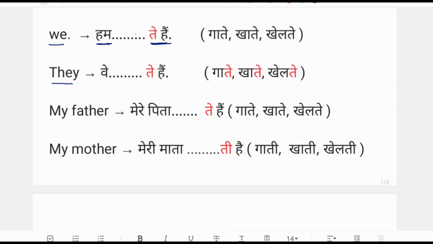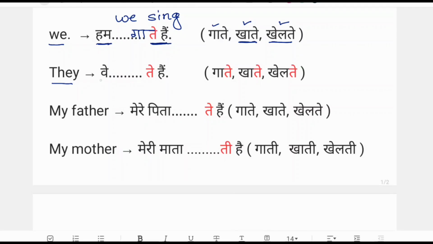For example, गाते हैं. गाते हैं means we sing. So हम गाते हैं, we sing. हम खाते हैं, that means we eat. And हम खेलते हैं, that means we play. So in this way we can make sentences with we.